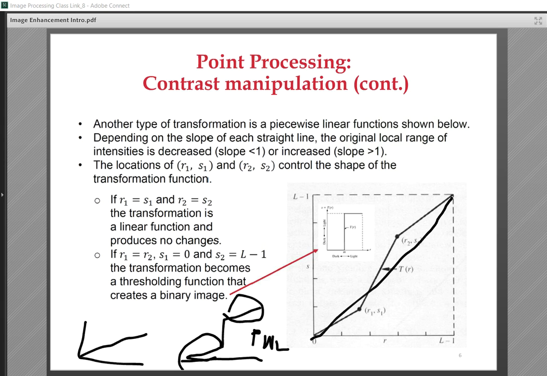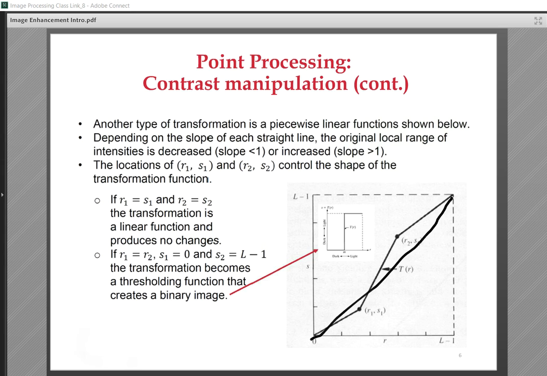Another type of transformation is piecewise linear, not totally linear. This is linear.